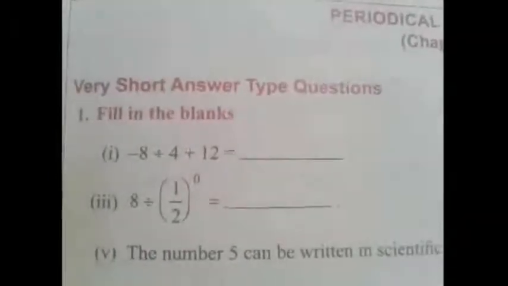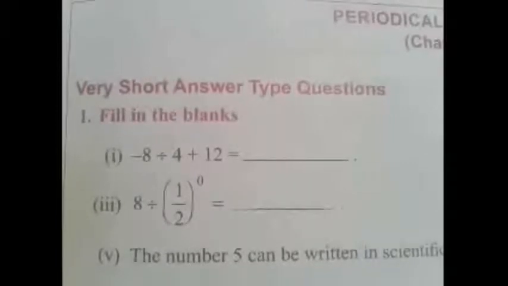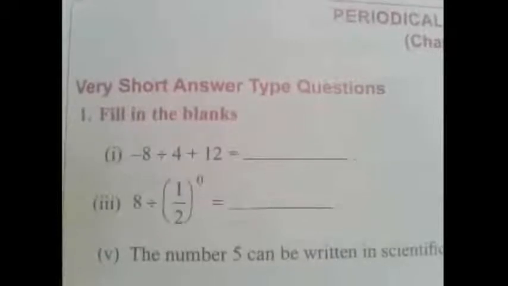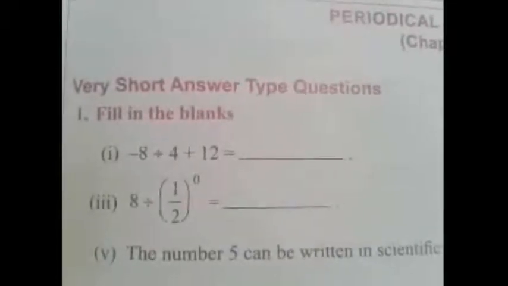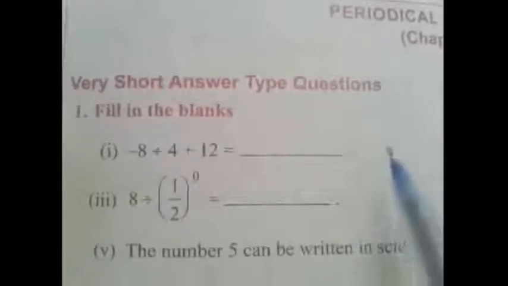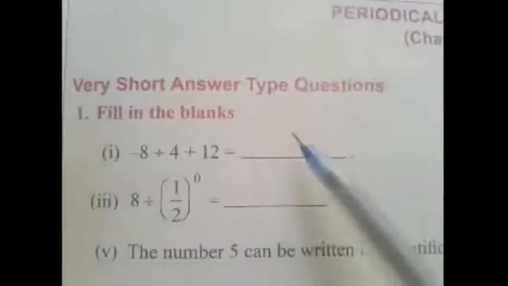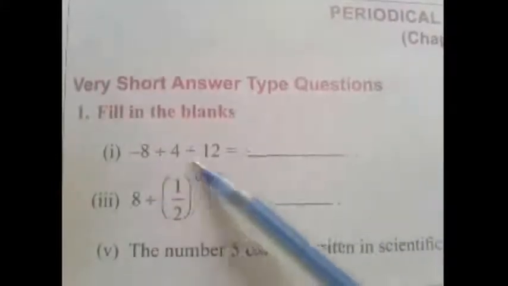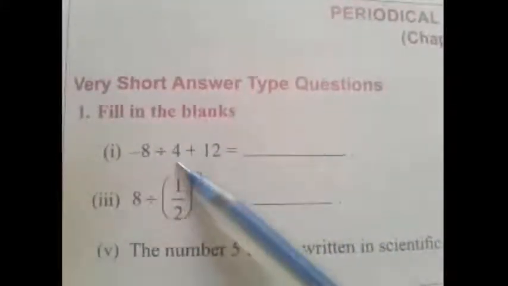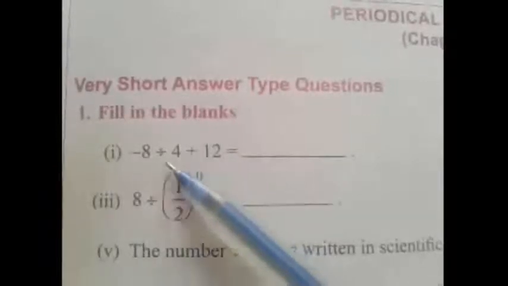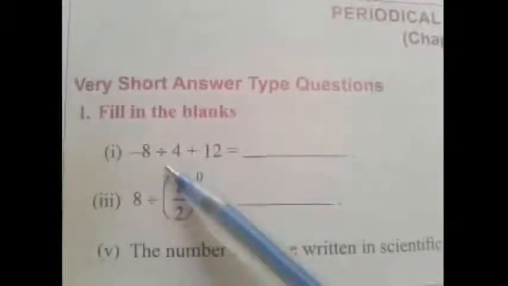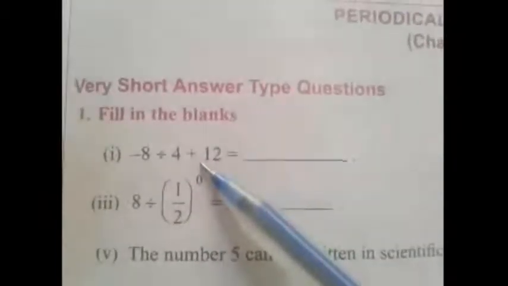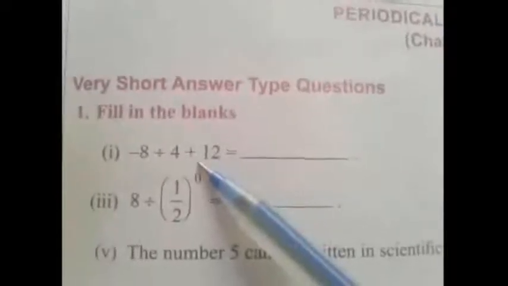So first question is fill in the blanks. First, minus 8 divided by 4 plus 12 is equal to. So what is the value of this? Any expression having different operations like division, addition, then we have to use here the BODMAS rule.